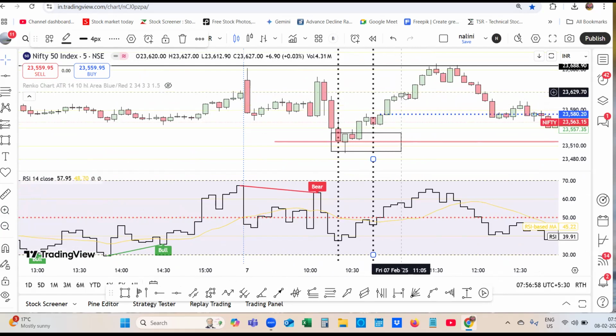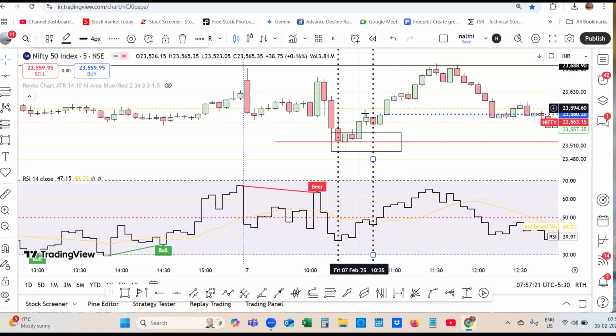Price is not coming down. There is no alternate red candle printed except here. You are entering in this area, you will sit comfortably, and your stop loss is here. You will not get disturbed by this single red candle on the normal chart.